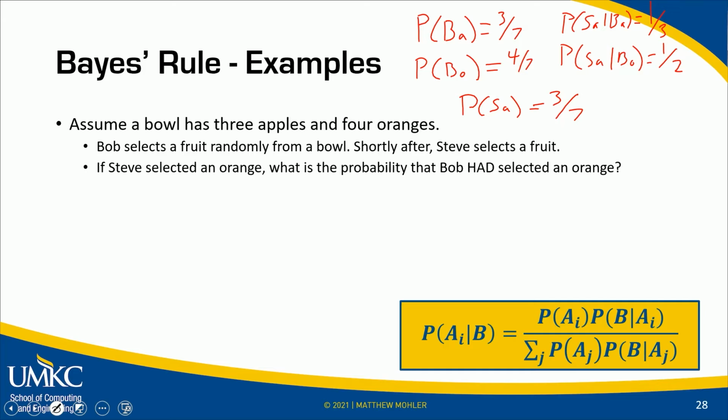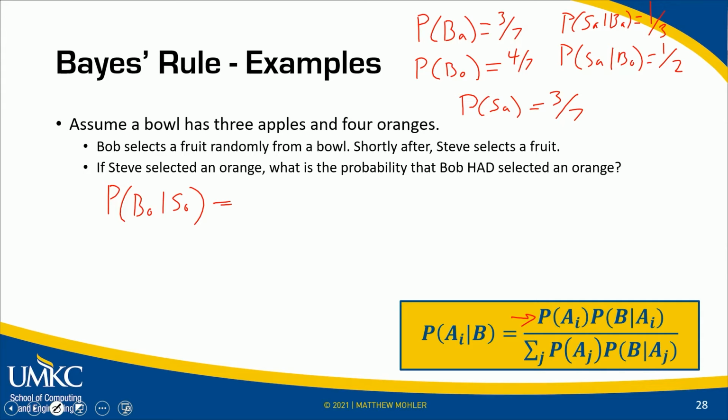So armed with those, let's go ahead and look at what we really are asking here with Bayes' rule. And that is that the probability, in this case, we're asking of Bob selecting an orange, given that Steve selected an orange, is equal to the probability, in this case, A sub i.